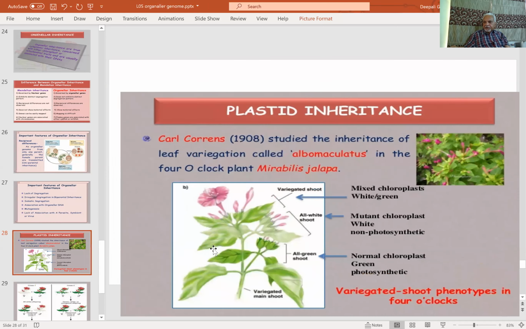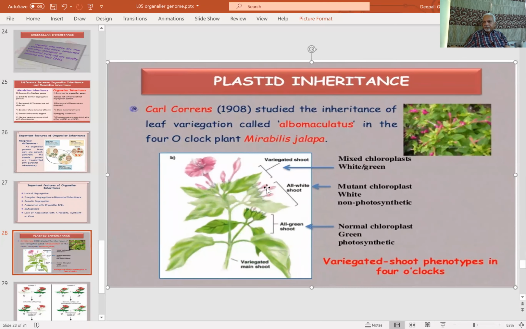If you look at the leaves of this plant, there are three distinct types: totally green leaves, white leaves like this, and variegated, meaning green and white patches like this. So this pattern of leaf was studied to see what is responsible for this, whether it is a nuclear coded phenomenon or something else.